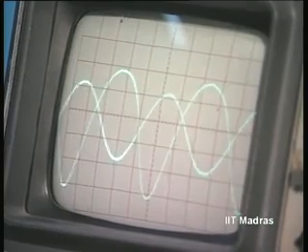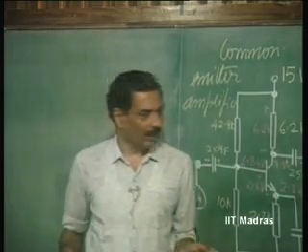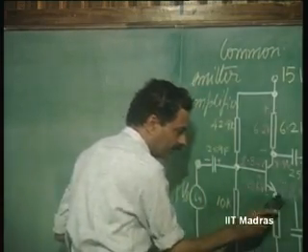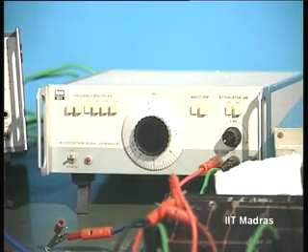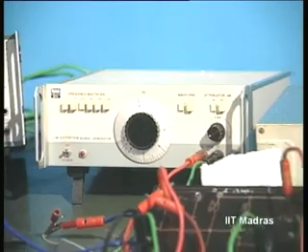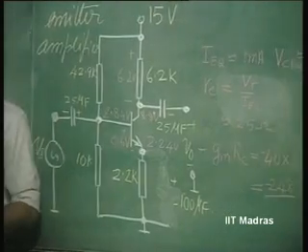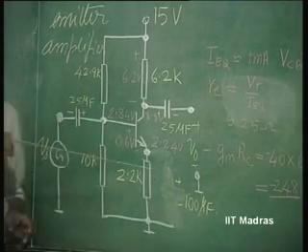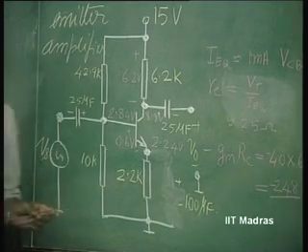Right. Now I would like you to also see the effect of opening the capacitor. This is similar to the circuit that we have discussed in the case of the differential amplifier, where the emitter resistance was increased. Apart from this 25 ohms, it is now equivalent to putting 2.2 kilo ohms in series. So we will open the 100 microfarad capacitor and see the same effect.